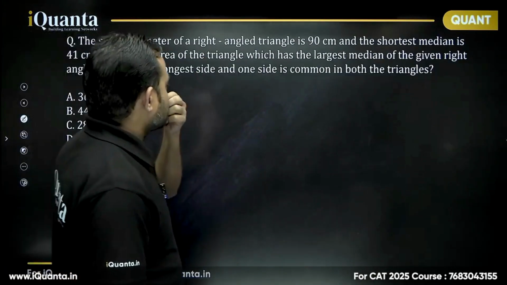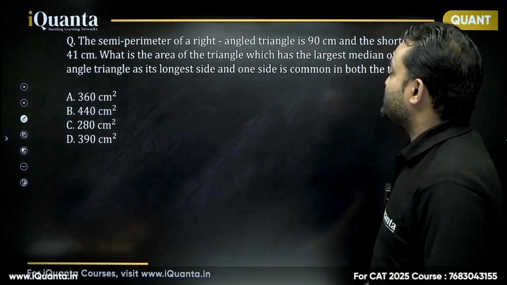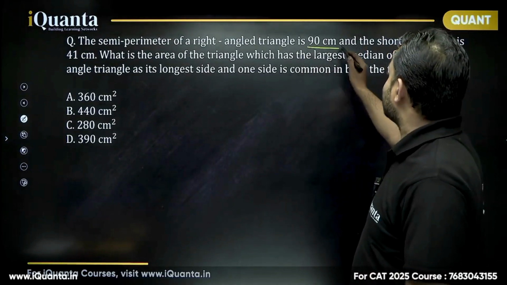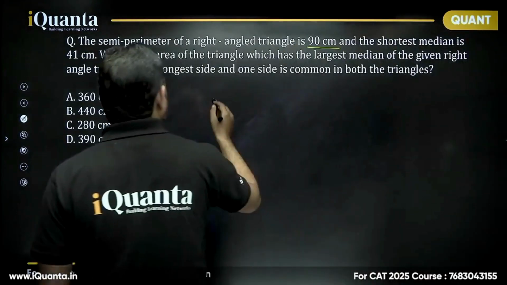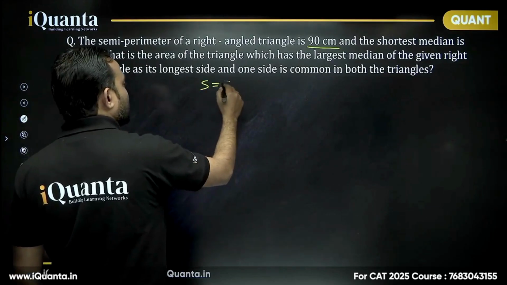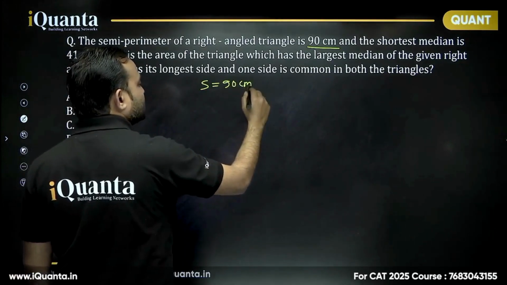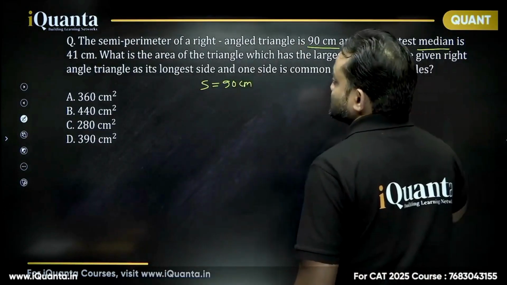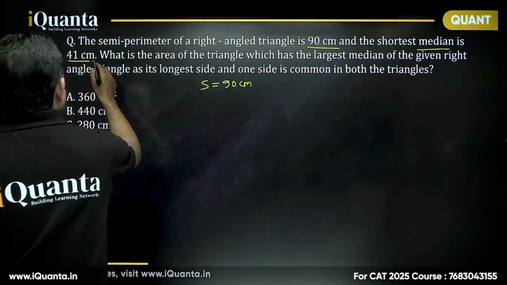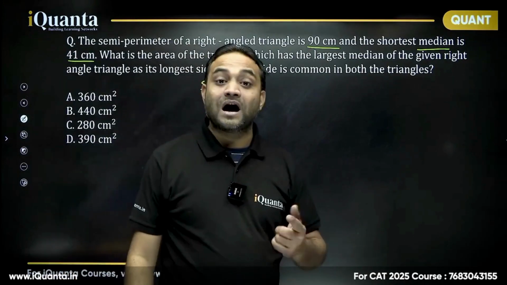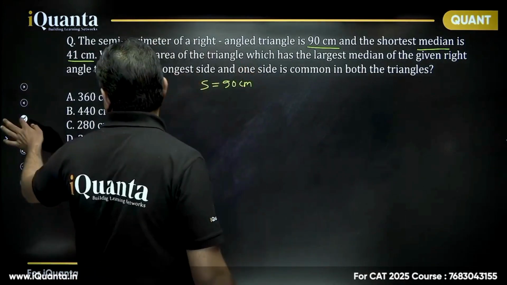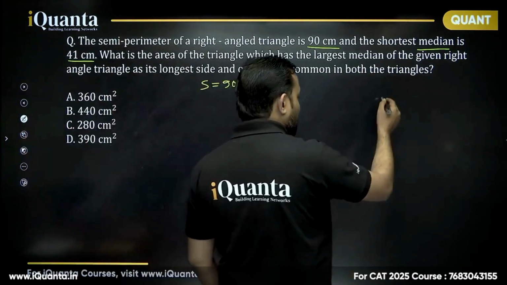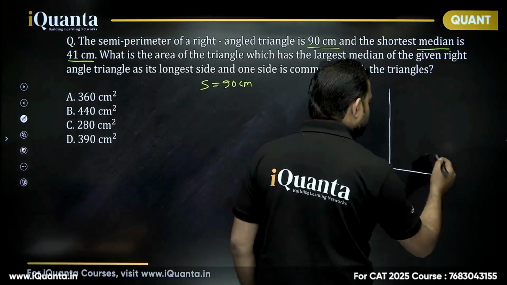Now, next question. Again, it says the semi-perimeter of a right angle triangle is 90 centimeter. So S is equal to 90 centimeter. And the shortest median is 41 centimeter. Now, where will the shortest median be? So, let's say we have a right angle triangle, something like this.